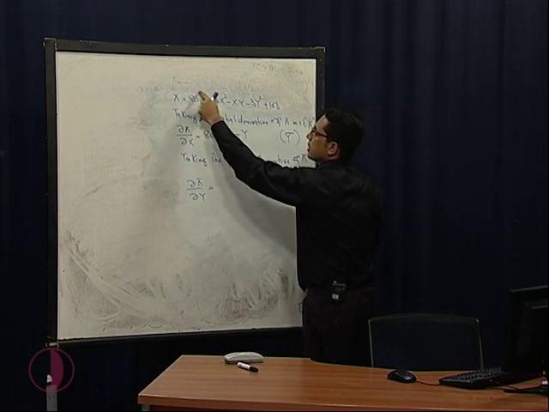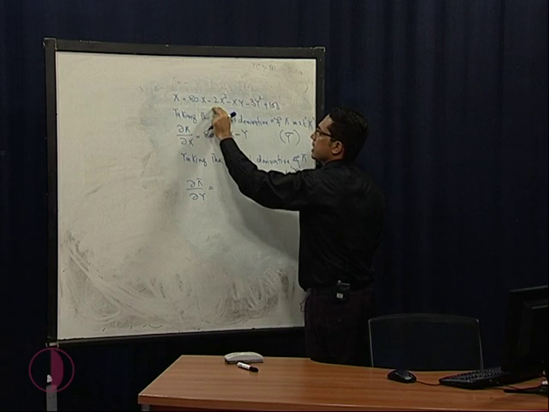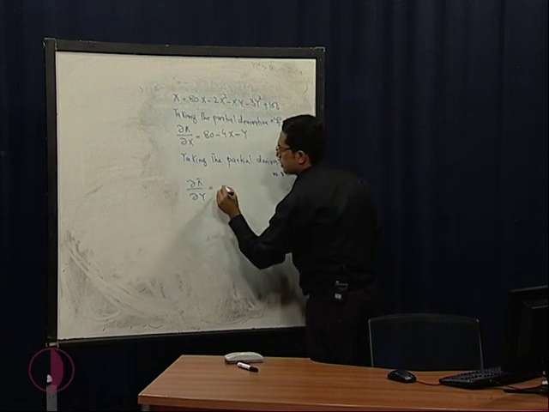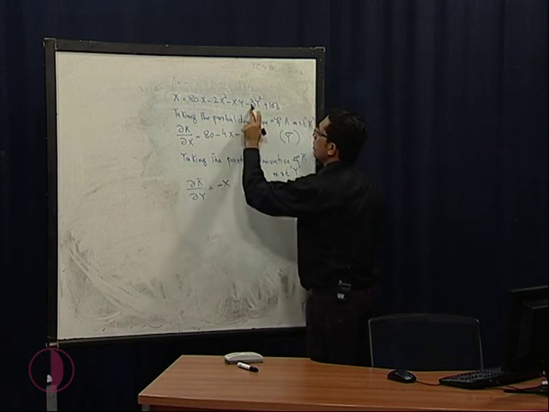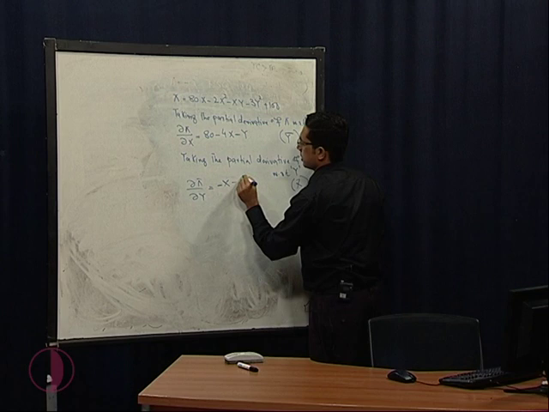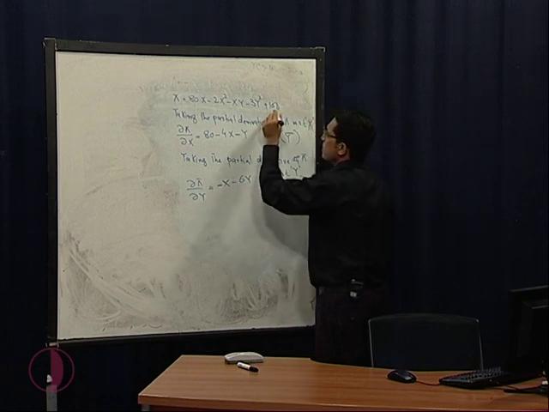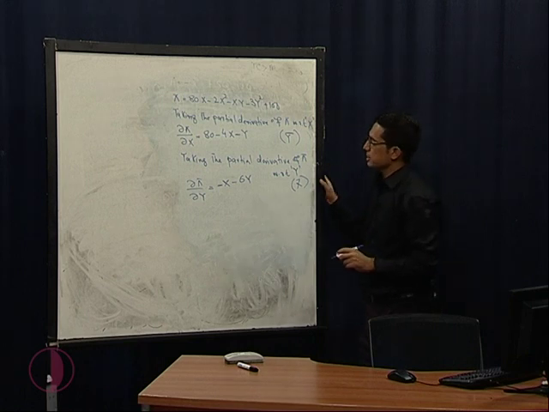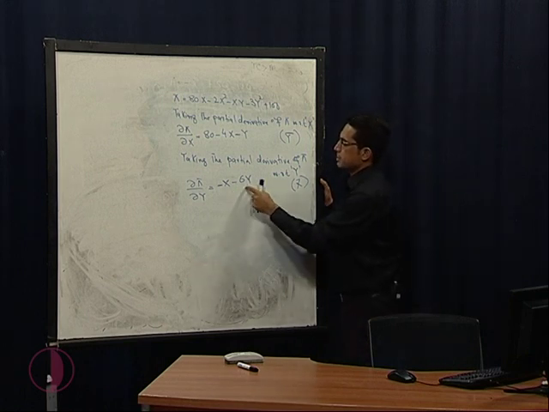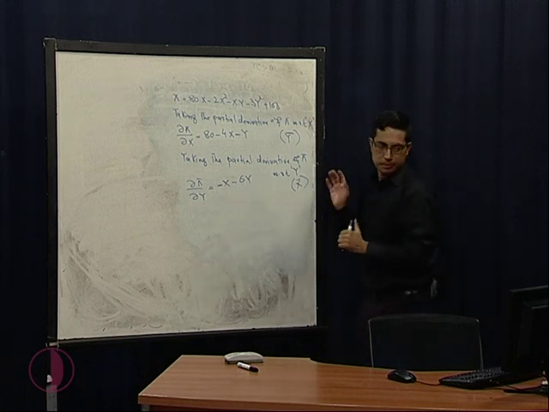this is 0, because we have no Y. This is minus X minus 6Y. This is constant, it will be 0. So, minus X minus 6Y.